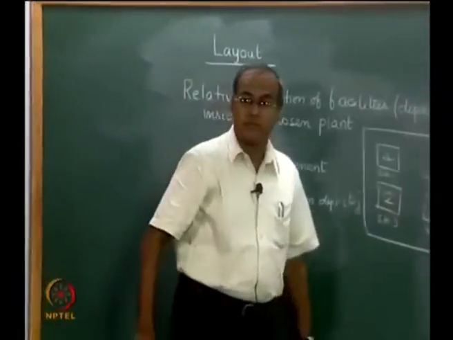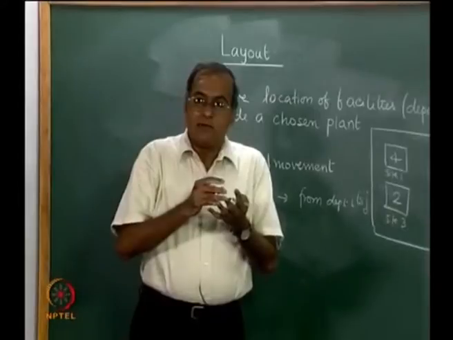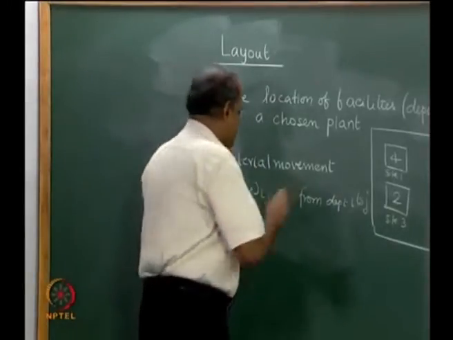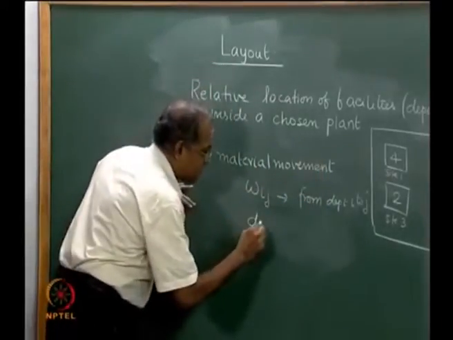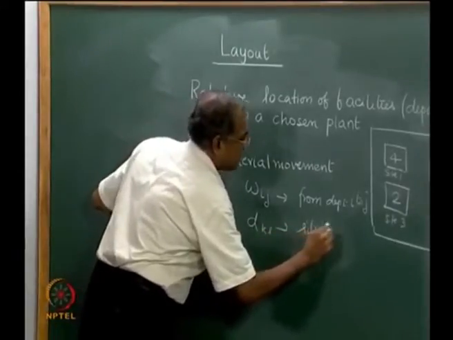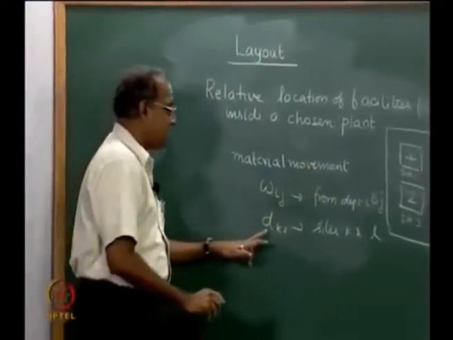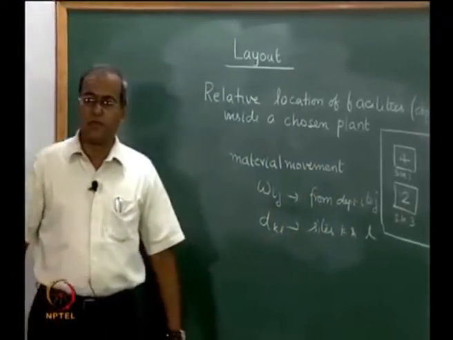Now, there is also a distance between sites k and L, which we call dkl.